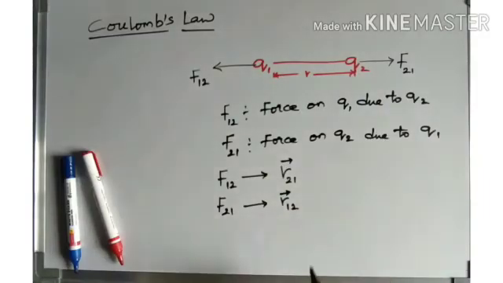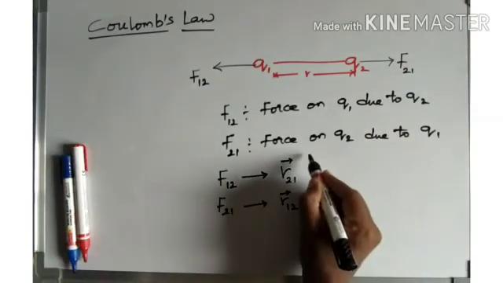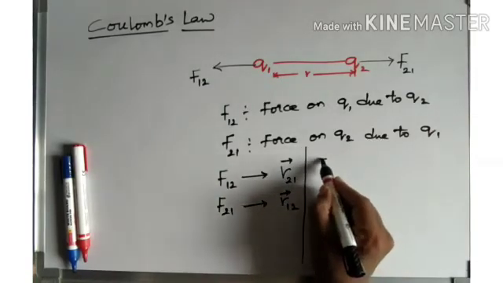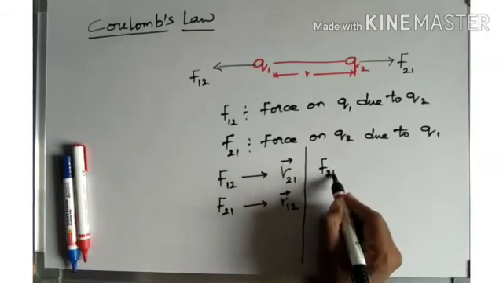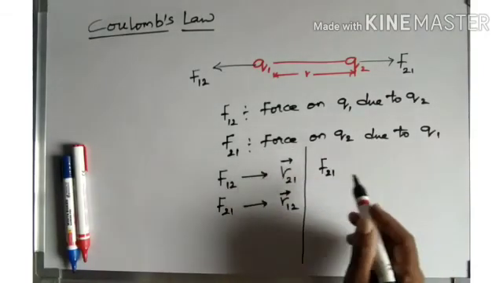Based on this, we'll write Coulomb's law once again. F21 means force on Q2 due to Q1.